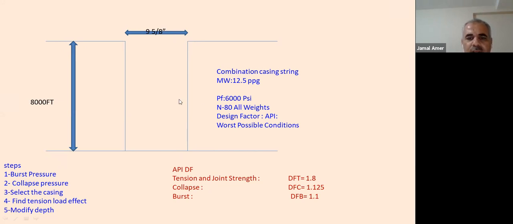All these things we have to write down, all the information we have. We put it aside here. Design factor we put aside here. Also the steps to solve this problem, so the picture will be more clear, and what steps are required to solve this problem.